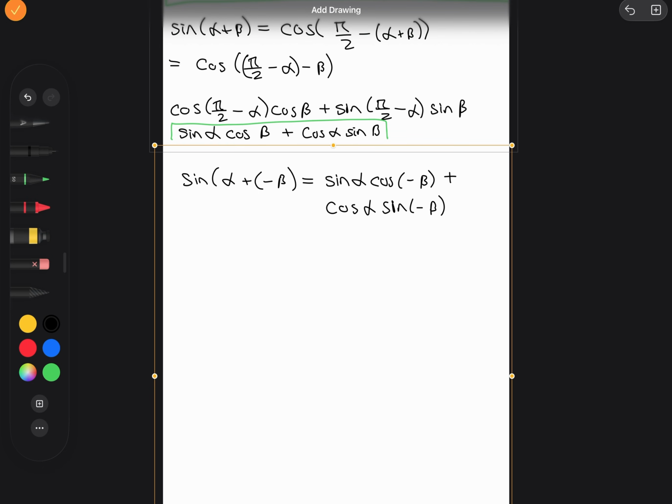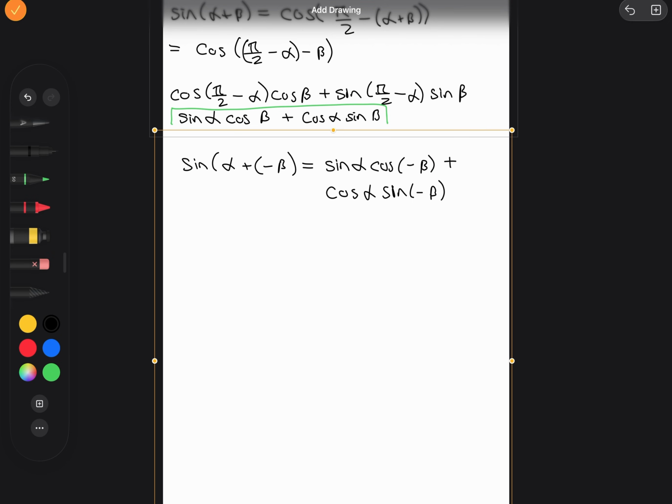And now we're going to use another one of our formulas, and this is just going to simplify the negative parts and bring them out. The only thing that's going to happen is because sine's odd, the negative sign will show up in front. So this is just sine alpha cosine beta minus cosine alpha sine beta. And that's our final identity.